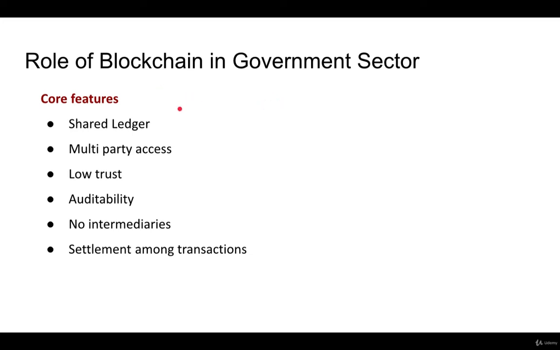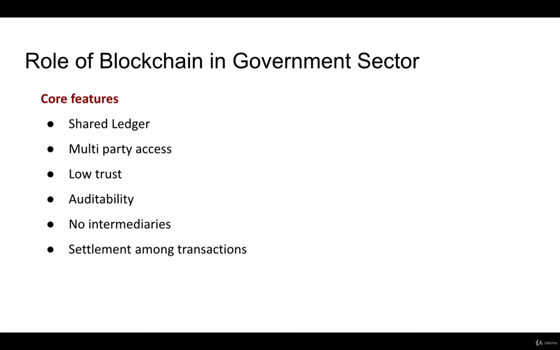First, the core features of blockchain which can help the government to maintain the data in an immutable and permanent manner. The first point is shared ledger. With the shared ledger, various departments across the government and also among different countries can access the same shared ledger and they can update as and when needed.